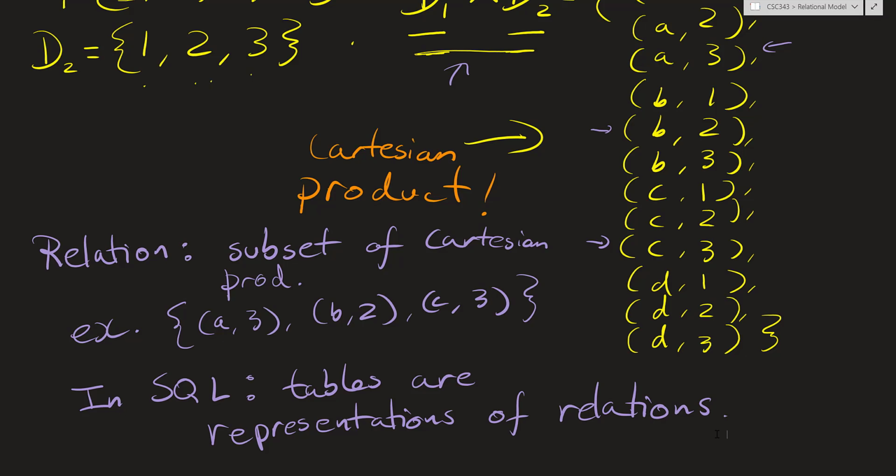So you can use these two terms interchangeably. Relations are tables, and tables are representations of relations.